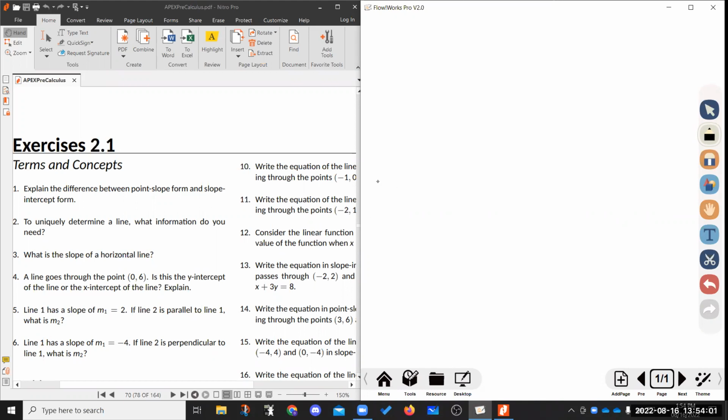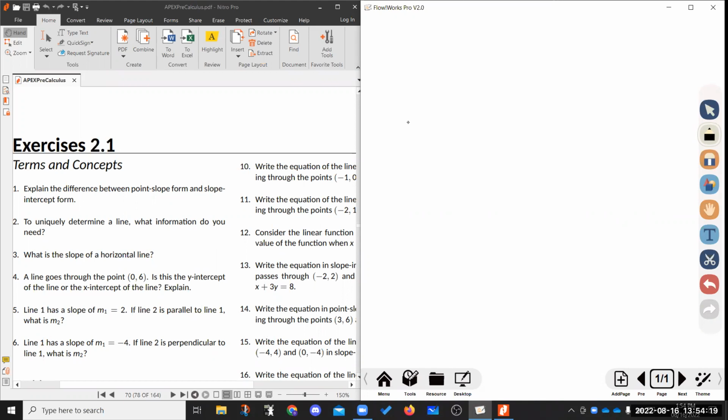So explain the difference between point slope form and slope intercept form. We just did that. To uniquely determine a line, what information do you need? You either need 2 points to determine the line, or you need any point on the line and the slope of the line.